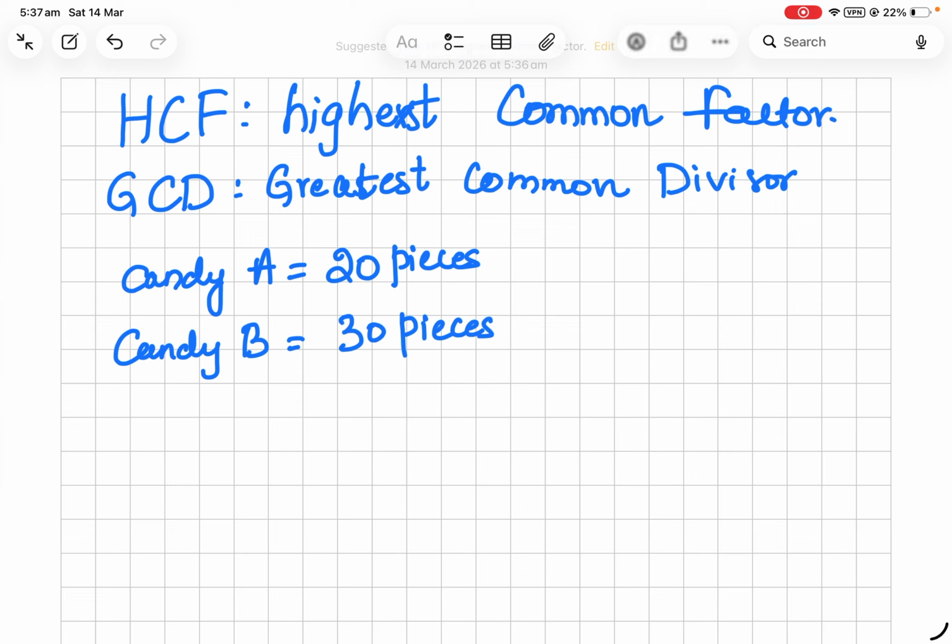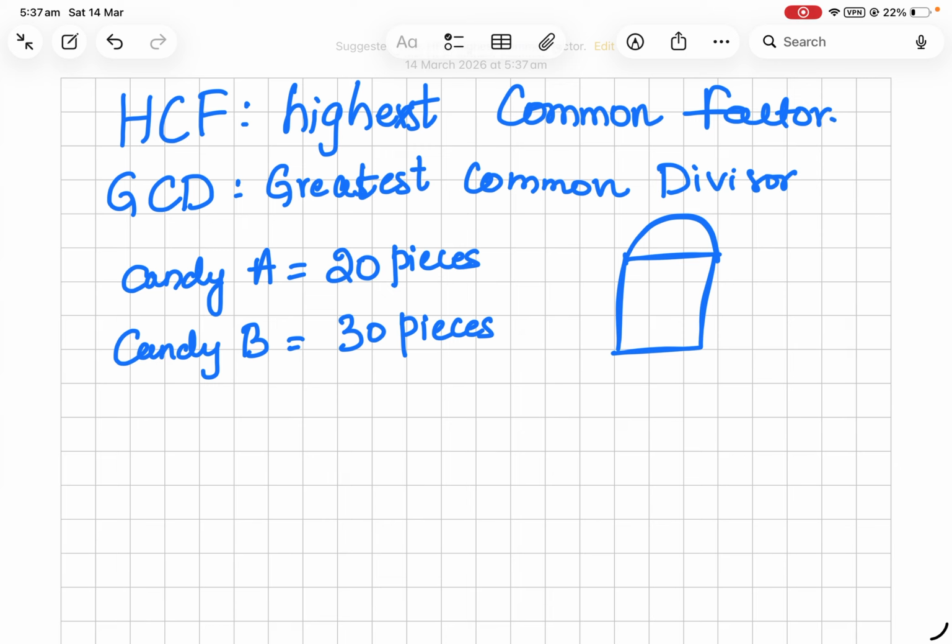That's what you ordered online, and you want to make some return gift bags with the same number of each candy in them, with no candies left over for you at the end. Okay, so that is the criteria. So you need to come up with the maximum number of gift bags that you can make in a way that you will not have any leftover.